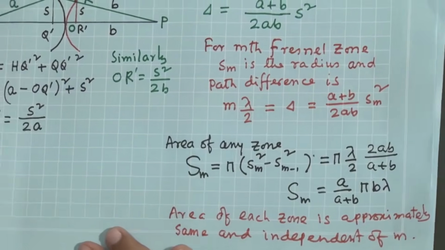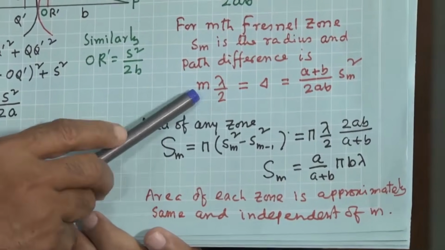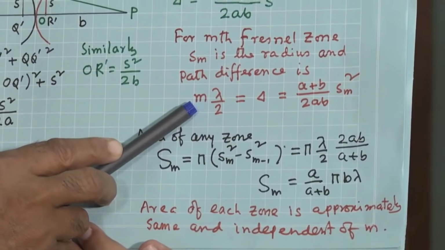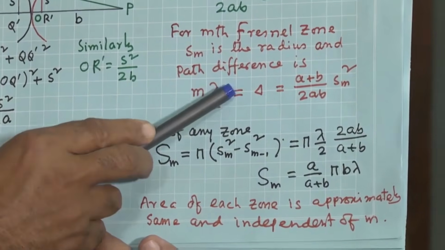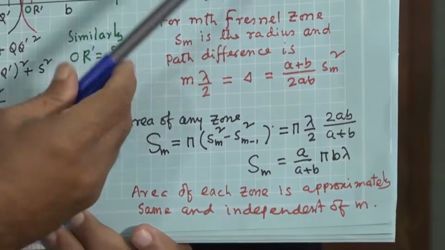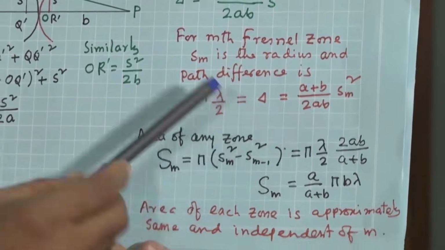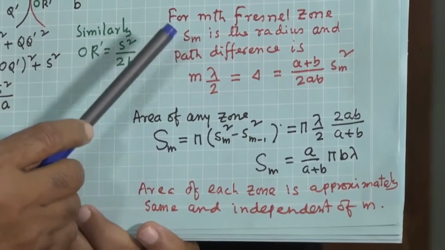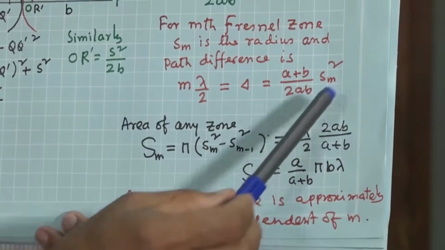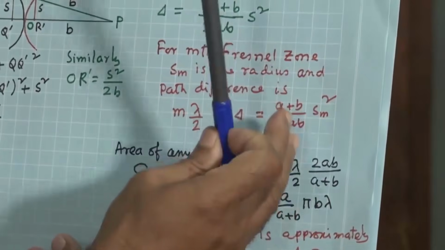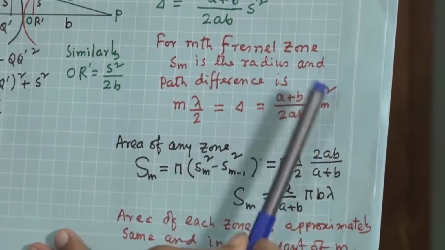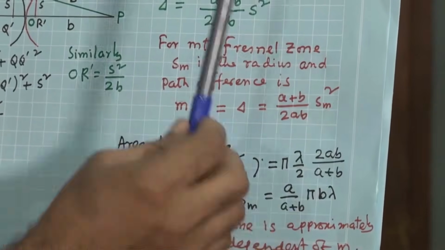So you will get dark, and when it is lambda, then you will get bright.